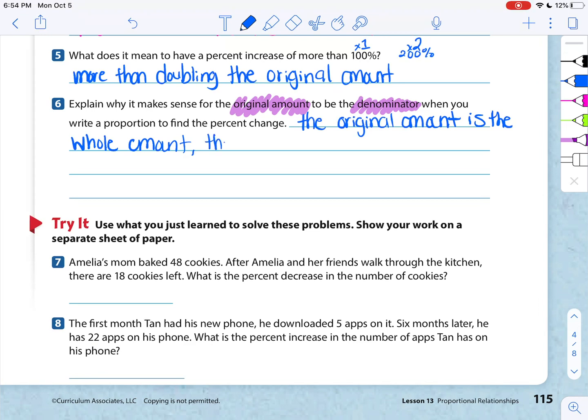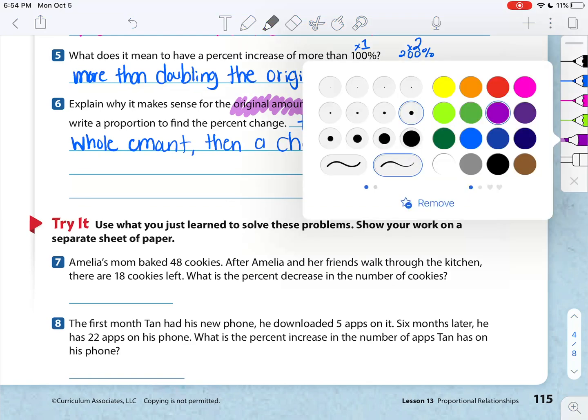Then a change happened. So remember when you have a fraction, it's part over whole. Well, your whole amount is usually what you start with, and then you have a change. So that's why your bottom number is your original amount, because that's what your whole amount is until it either increases or decreases.